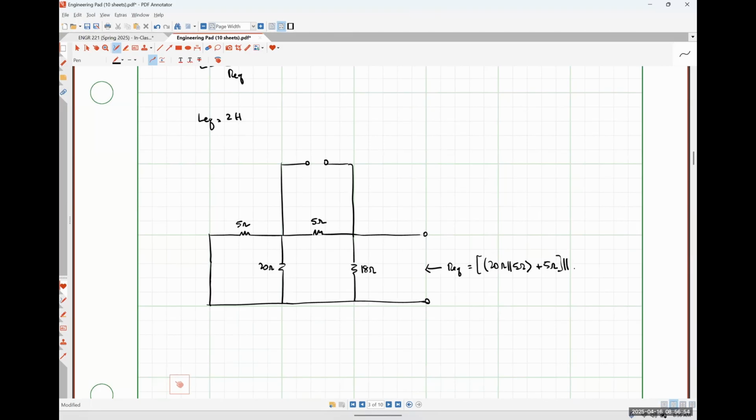And then that whole thing is just in parallel with the 18 ohm resistor, right? So 20 times 5 over 20 plus 5, I believe, is 4. So we have 9 in parallel with 18, which I think is 6, but I'll double check. Yeah. If anybody wants to throw that in their calculator to verify, by all means do so.